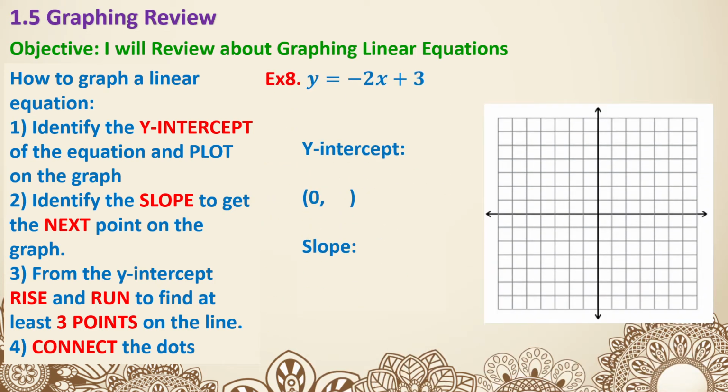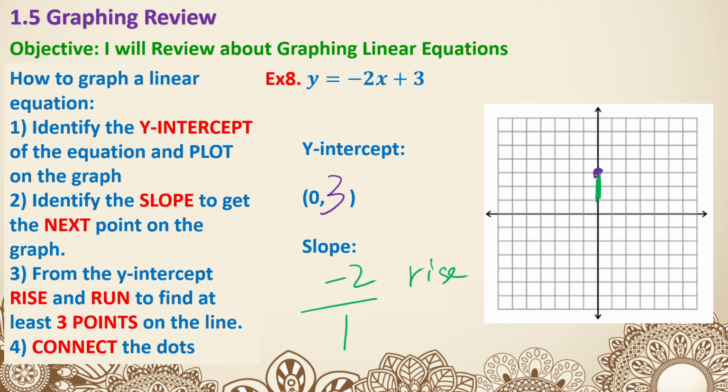Number 8. This time our y-intercept is just a 3 on the end. However, the slope is -2, and we want it to be a fraction, so we can do rise over run. So -2 is the rise, which actually means it's going down. So go down 2, and the run is the 1.